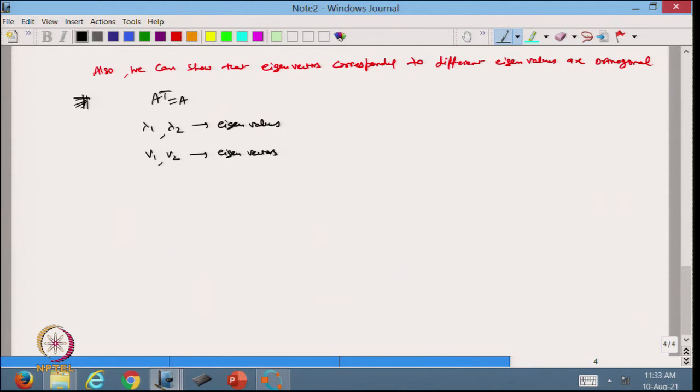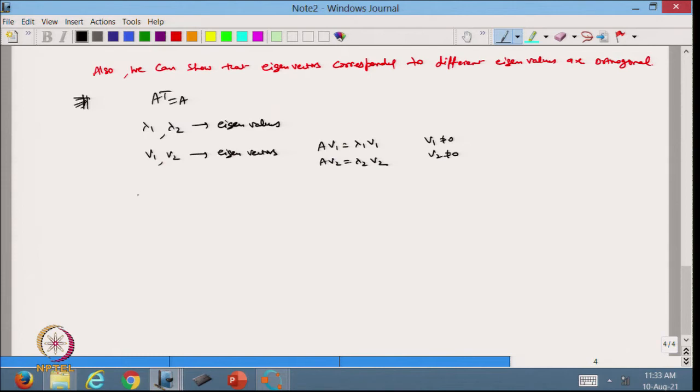So, it means that A V1 is equal to lambda 1 V1 and A V2 is equal to lambda 2 V2, and of course, my V1 is not 0 and V2 is not 0.